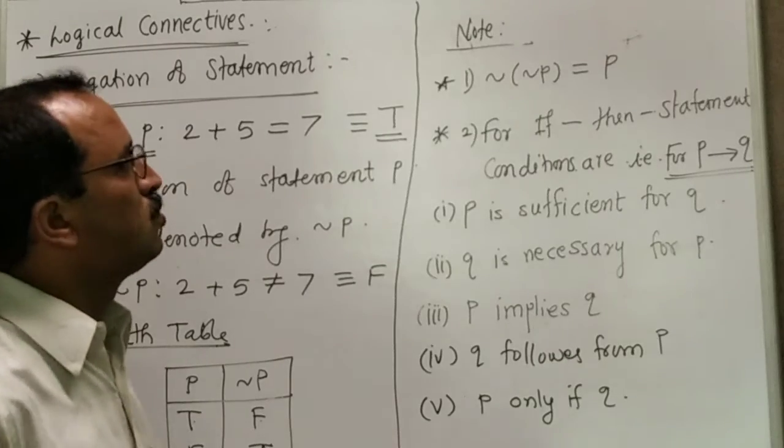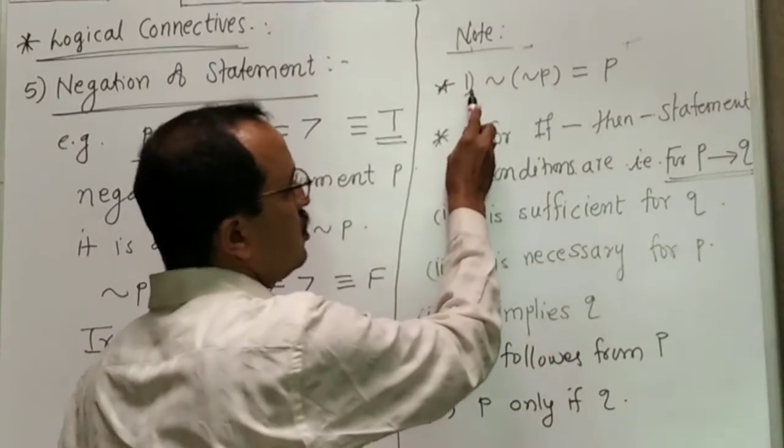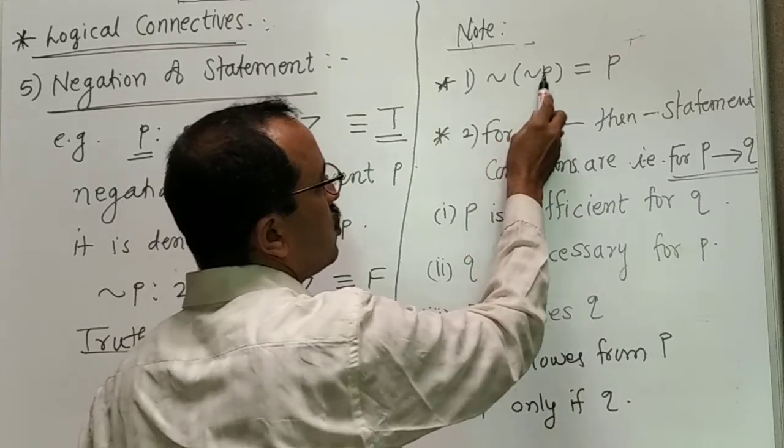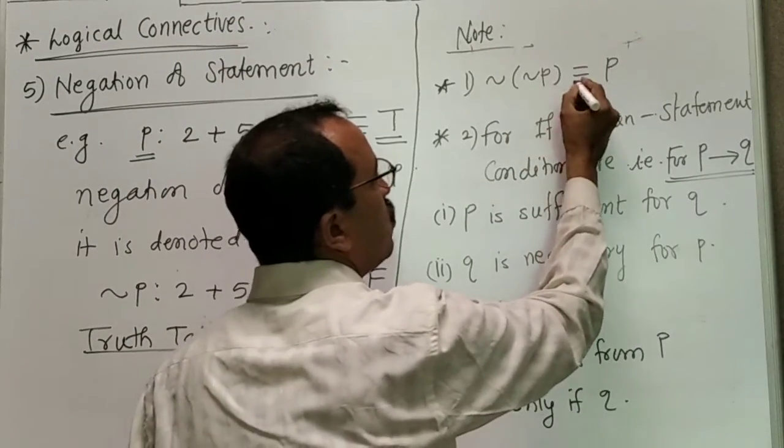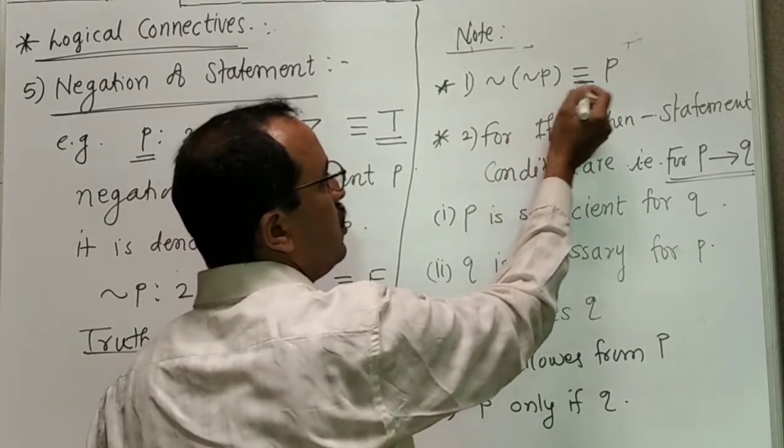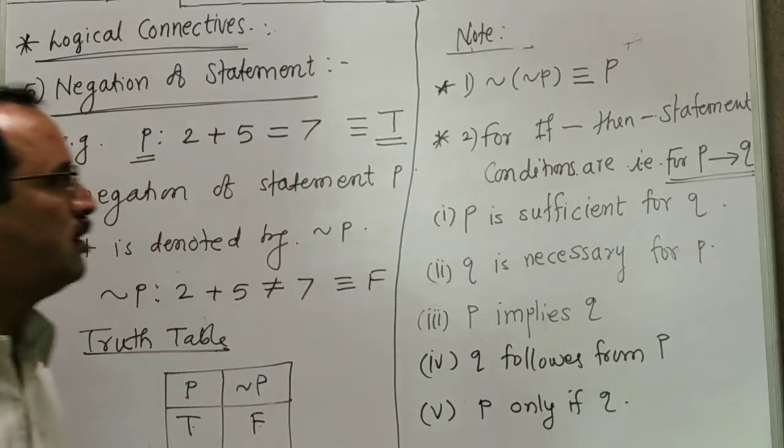So we consider here 2 remarks. Note, one is negation of negation P is equivalent to P, or negation of negation P is equal to the original statement.